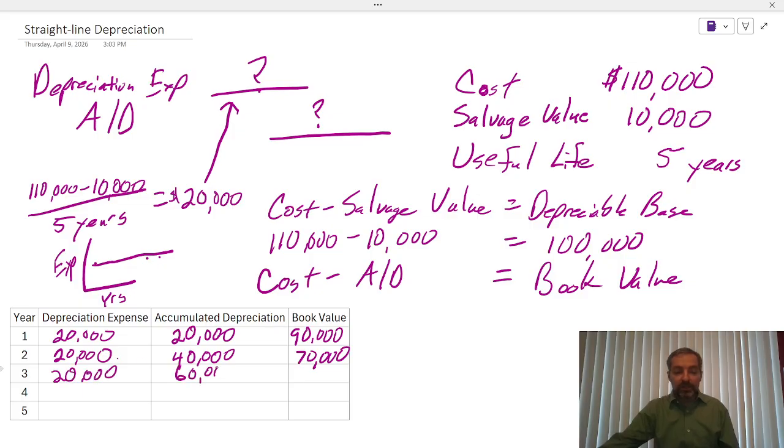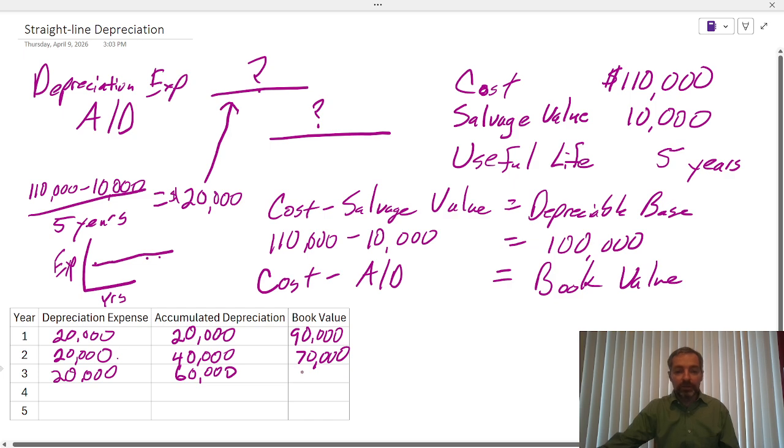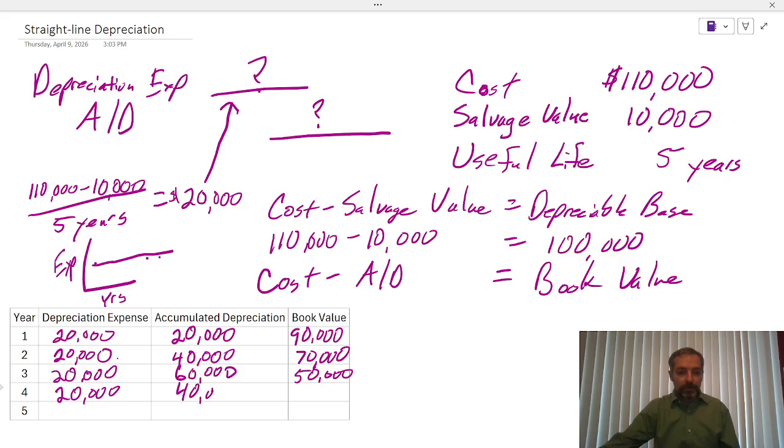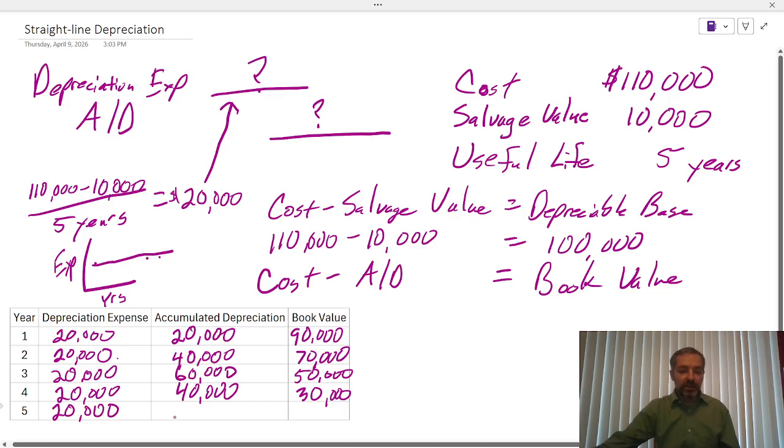I'm filling this all out because there are a couple of things I want to point out here. So by year 4, our book value is down to 30,000. Year 5, our last year of depreciation, at least initially we said that it's going to last us 5 years.